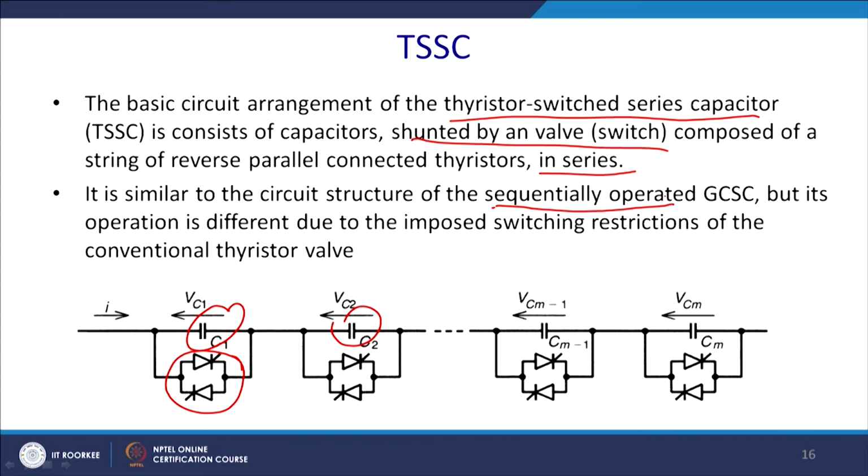There is not much difference, but it is thyristor operated, and its operation is different due to the switching restriction of the conventional thyristor valve. You can turn it on, but since the GCSC is mostly controlled by turn off, the principle of operation here will be different because turn off is not in your hand.